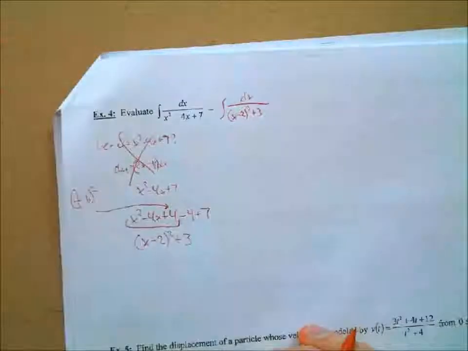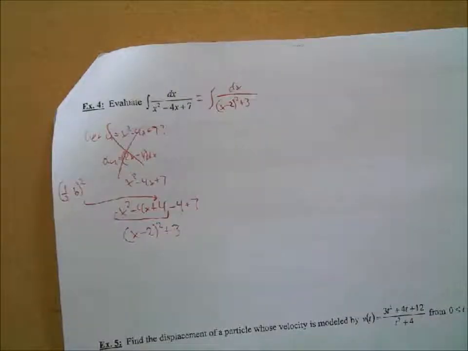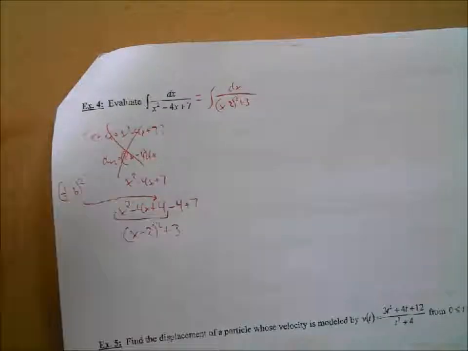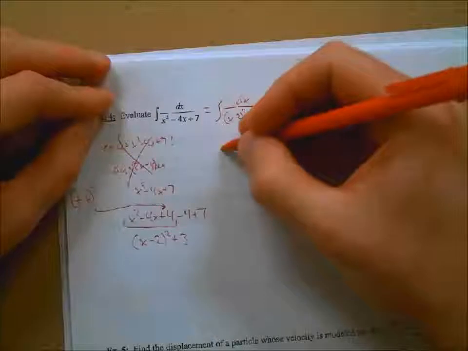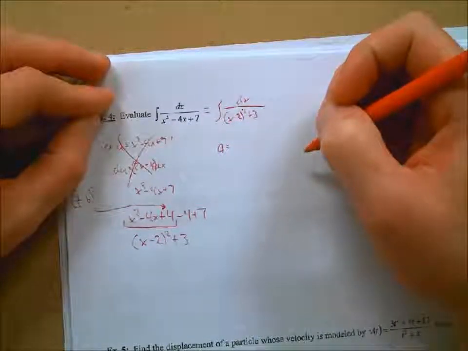Now that we complete the square, what does this integral seem to be a candidate for? Arctangent. Yes, this is arctangent. So, arctangent, what is our a? Root 3. Very good.